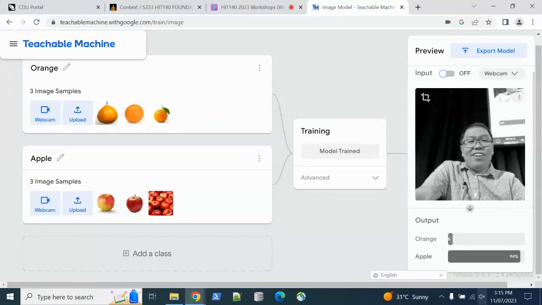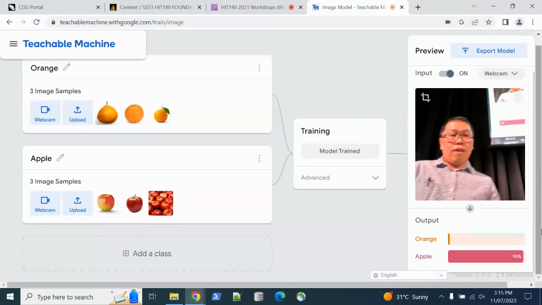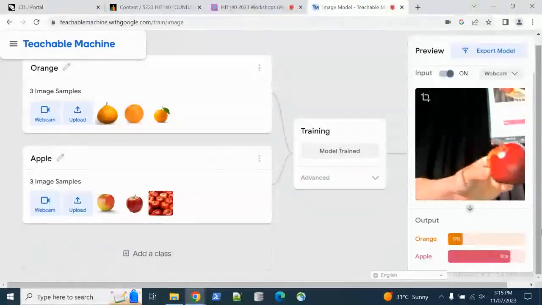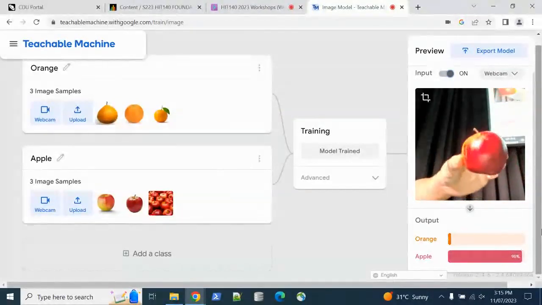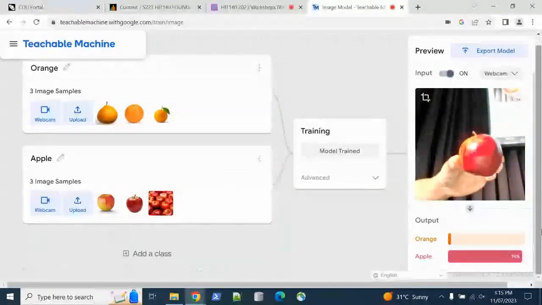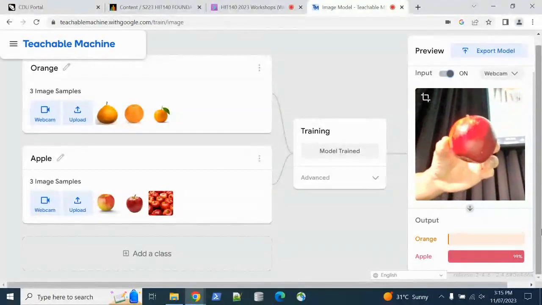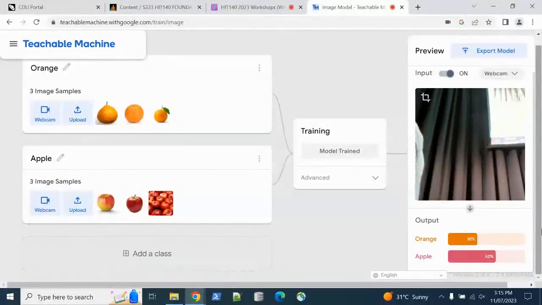So let's try with the real apple in this case. Apple, right, pretty good. Here's an orange.